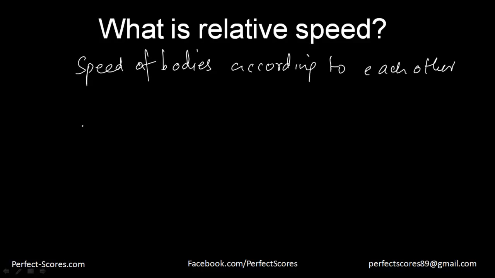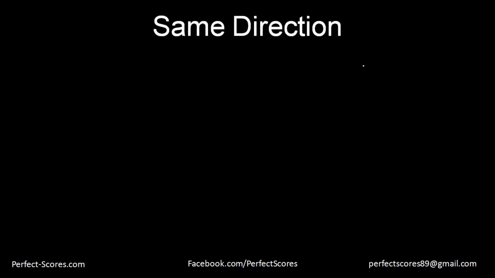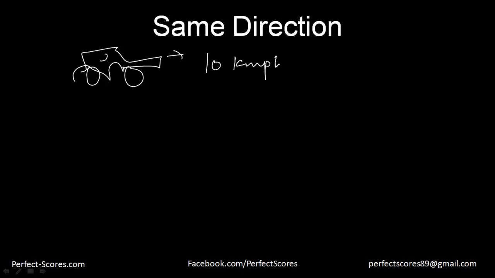Let's suppose there are two types of relative speeds. The first type is when the bodies are traveling in the same direction. Let's say this is car A, which is traveling at a speed of 10 kilometers per hour, and this over here is car B, which is traveling at 20 kilometers per hour.